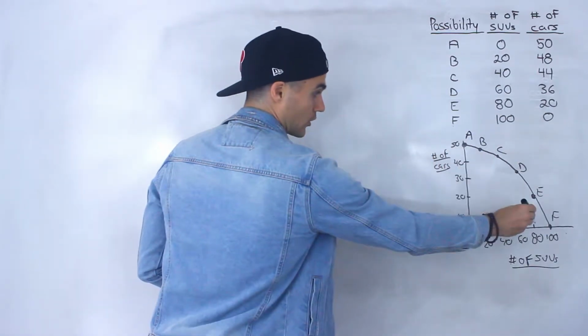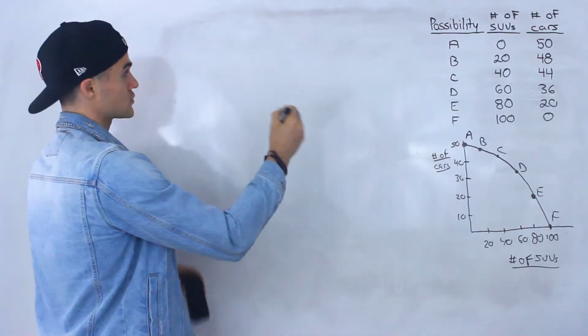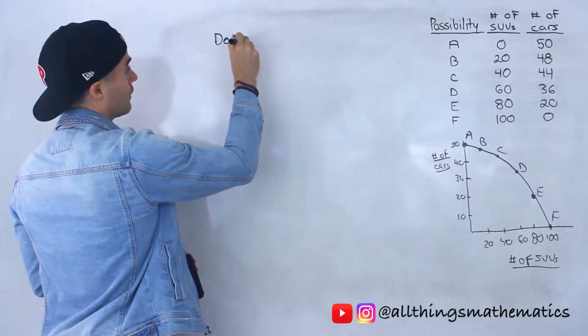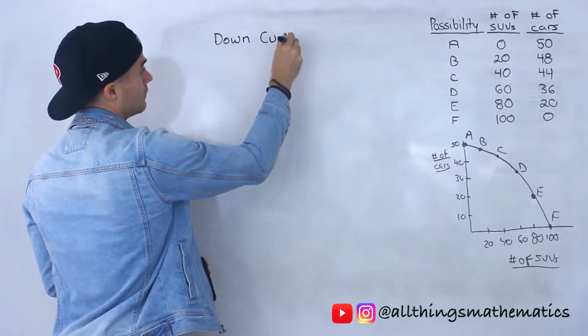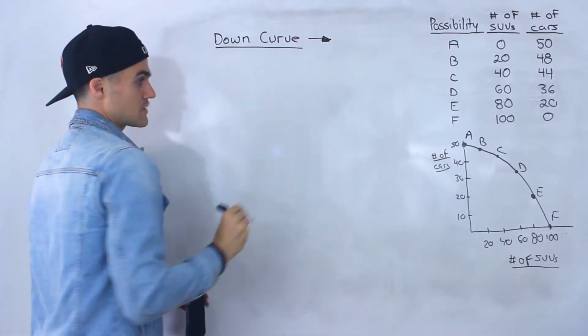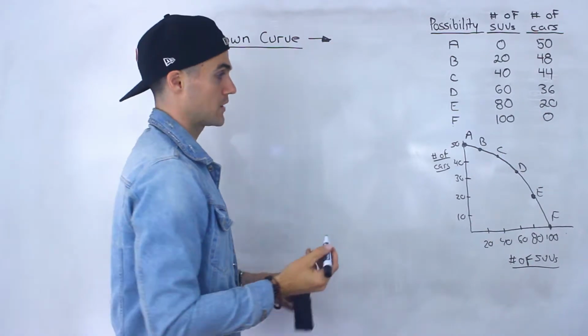And so we can analyze this curve in two different ways. We can go down the curve or we can go up the curve. So I'm going to analyze it both ways, but I'm going to start with going down the curve. If we're going down the curve for this specific example, what is happening?